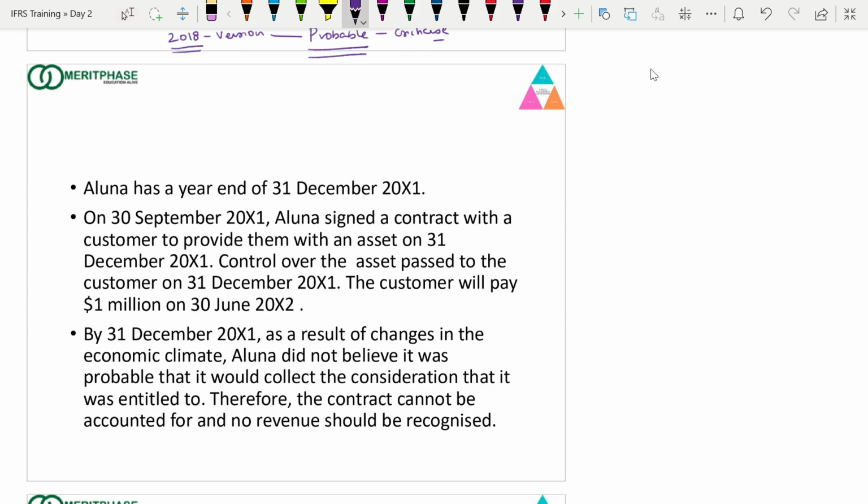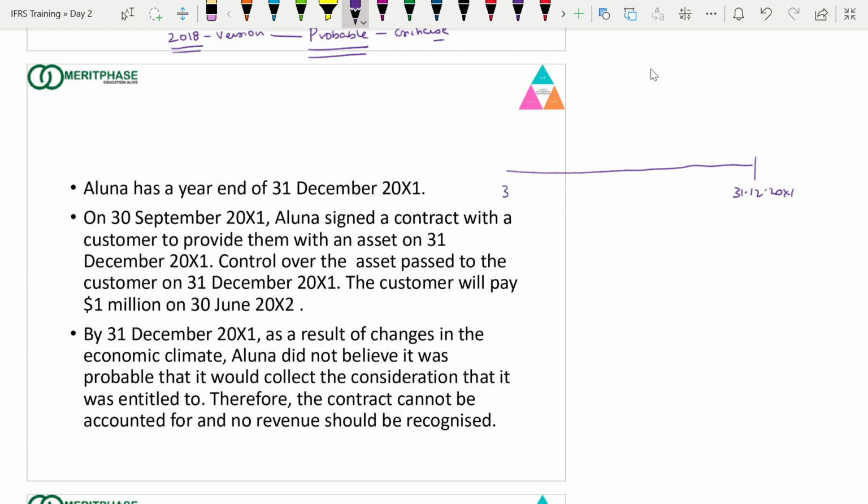Aluna has a year ended 31st December. The dates are very important. Always I will put a timeline here. 31st December 2001. When did it happen?